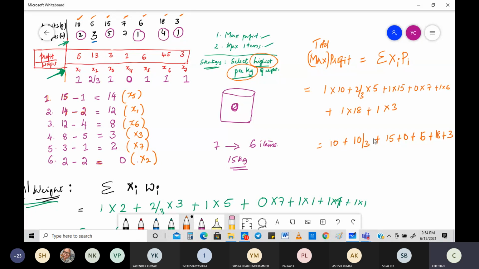2 by 3 into 5. So did you get the entire value? Figure out what values you get: 10 plus 10 by 3 plus 15 plus 1 into 6, so 6, plus 18 plus 3. I'll just show it here itself. Let the calculator load.